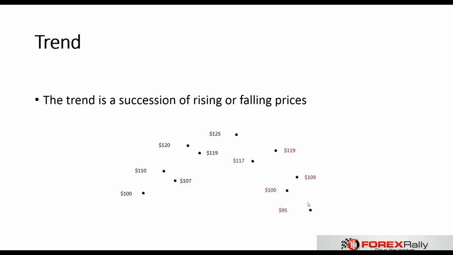This is pretty interesting. We can see that we have rising prices here, and we also observe that here we have falling prices. And the low is 95. It's actually below 100, from where the price started.